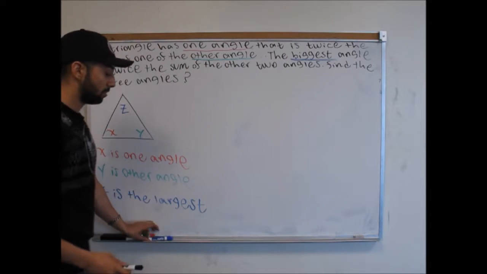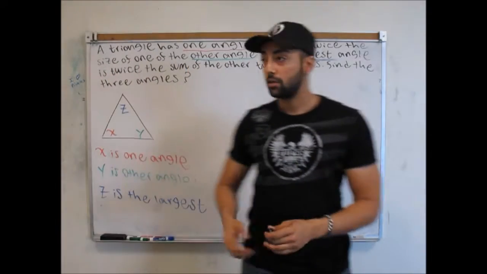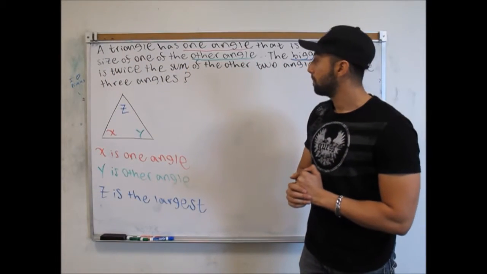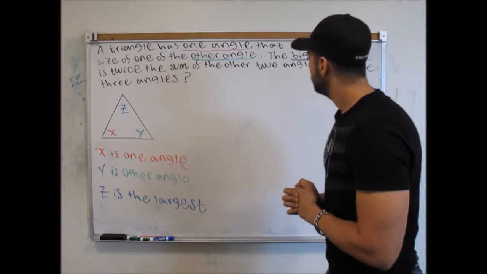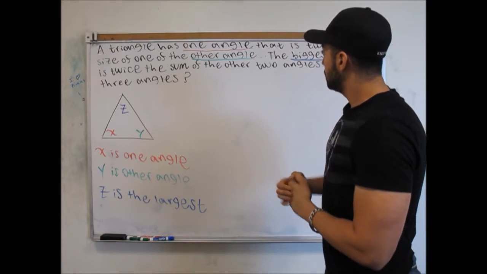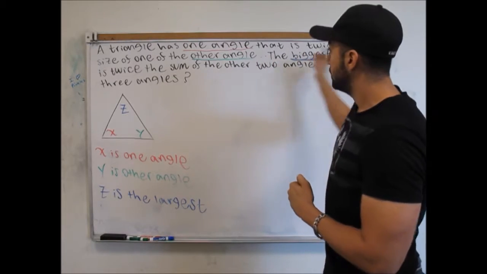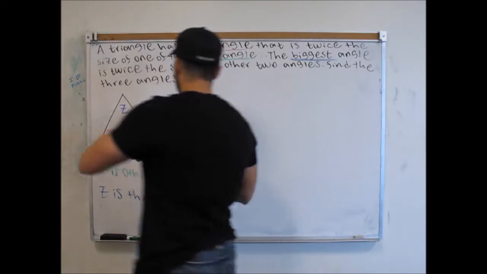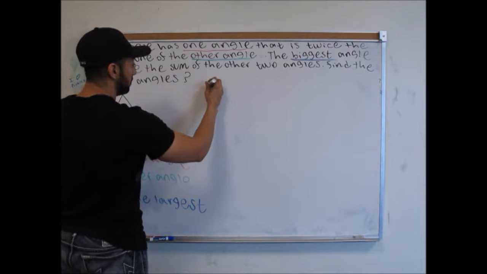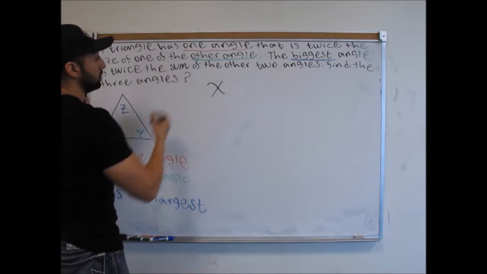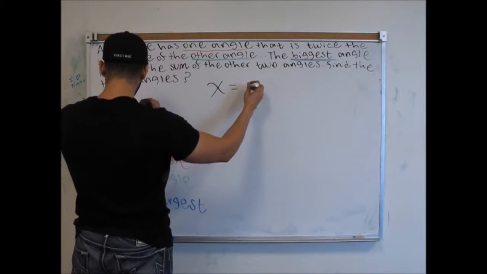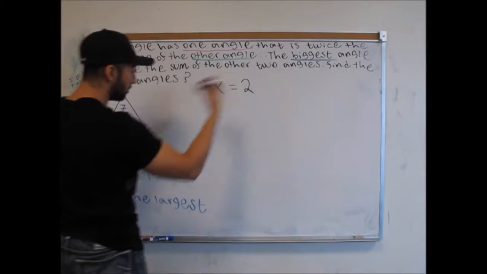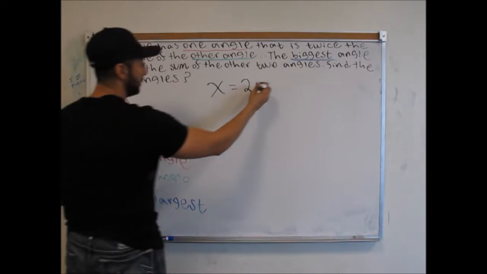So now I have to come up with three equations, because there are three angles in a triangle. Let's see, one angle is twice the size of the other angle. Well, x is my one angle that we talked about, denoted in red. It's saying that is twice the other angle, and the other angle we named y.